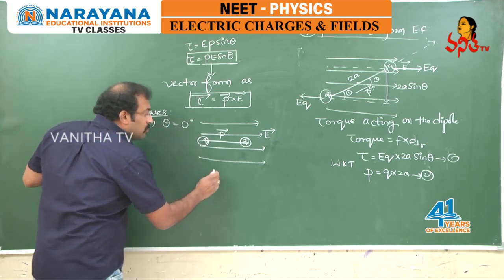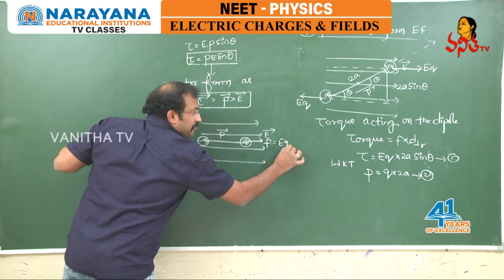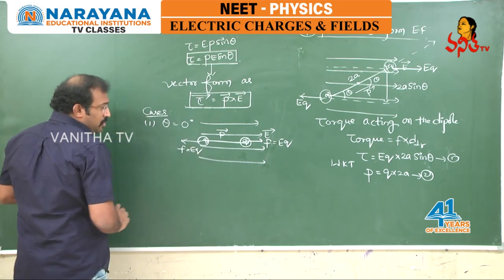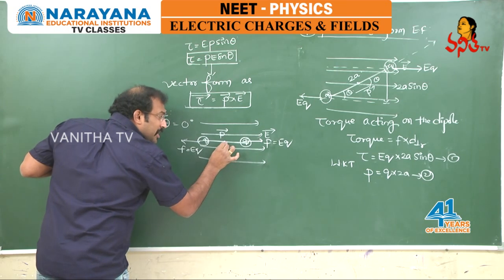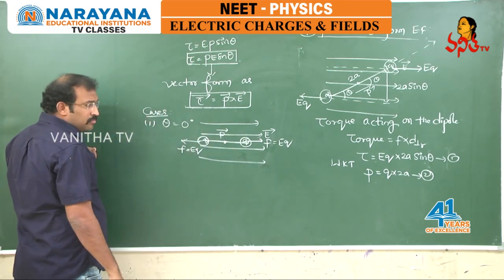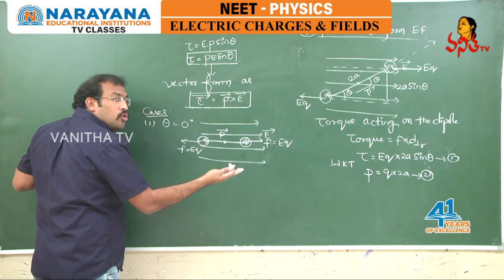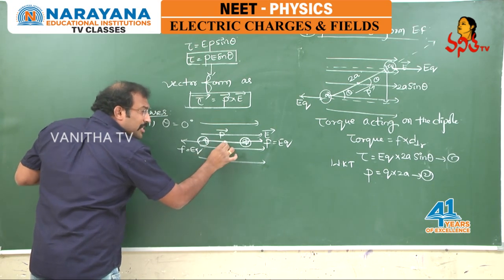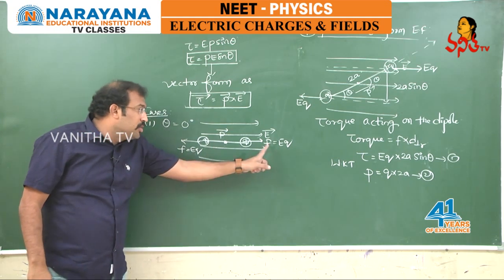When the angle becomes 0, the forces can be represented as F is equal to EQ like this, and F is equal to EQ like this. These two forces pass through the center of the dipole and produce no torque, because the center of the dipole is the point about which we are defining the torque due to these two forces.